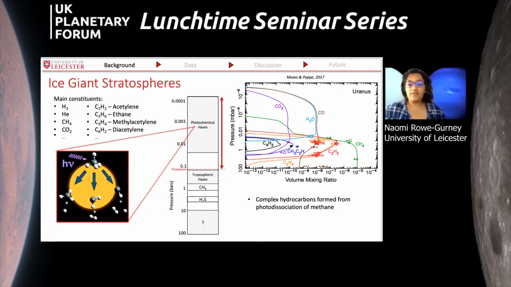So why is the stratosphere so interesting, especially in the ice giant planets? It's because we have this layer of photochemical hazes, and these hazes come from when methane is elevated into the stratosphere.